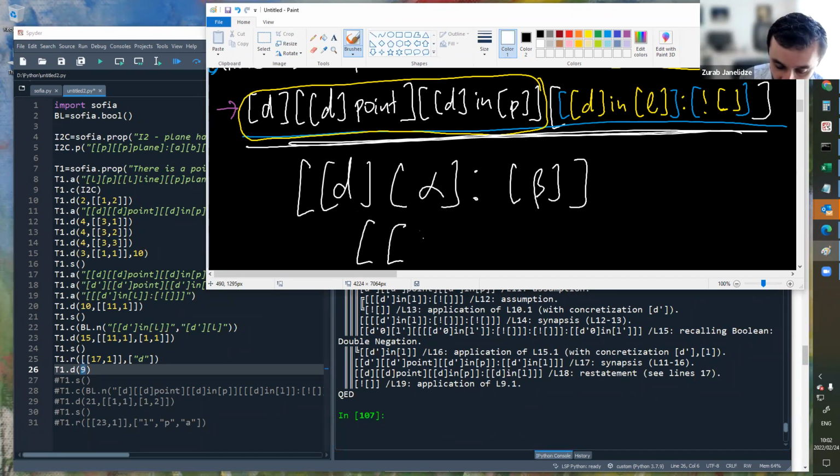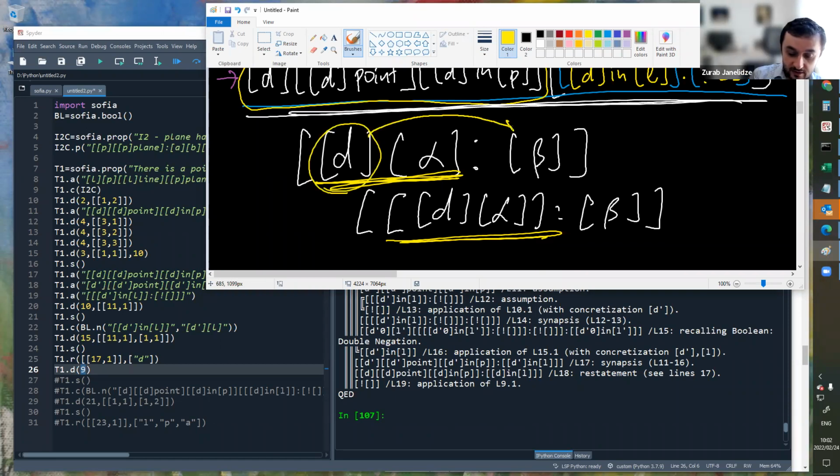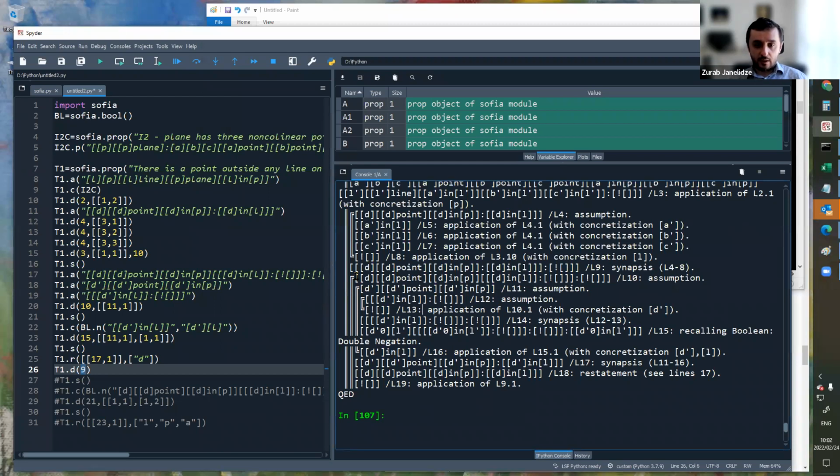But if my d is inside, like this, for example, compare this with that, then there is nothing to concretize. In the first example, the scope of this d would reach to the right side as well. That's another way of thinking about it. Here, the scope of d lies completely within here, because it's confined with these brackets. So we have a variable to concretize when there is a variable on the left side of the implication whose scope reaches the right side of the implication as well, which we don't have in this case.